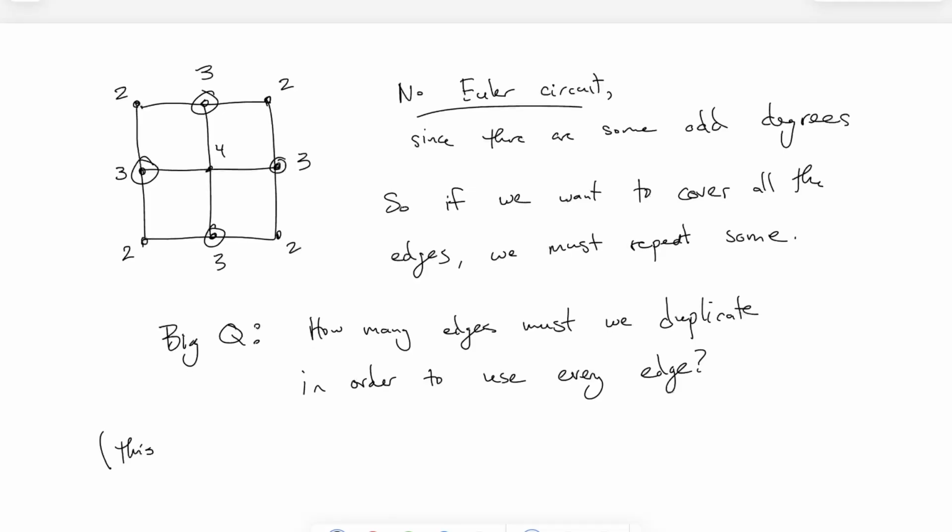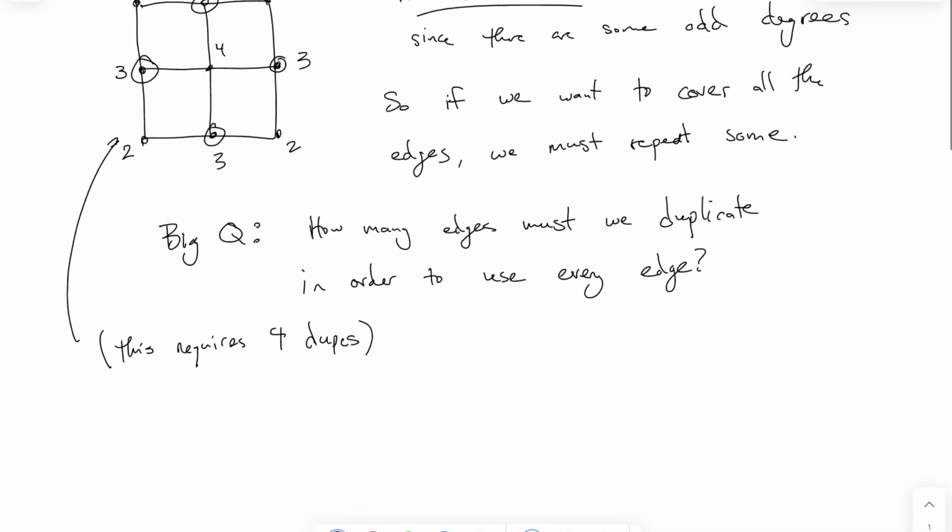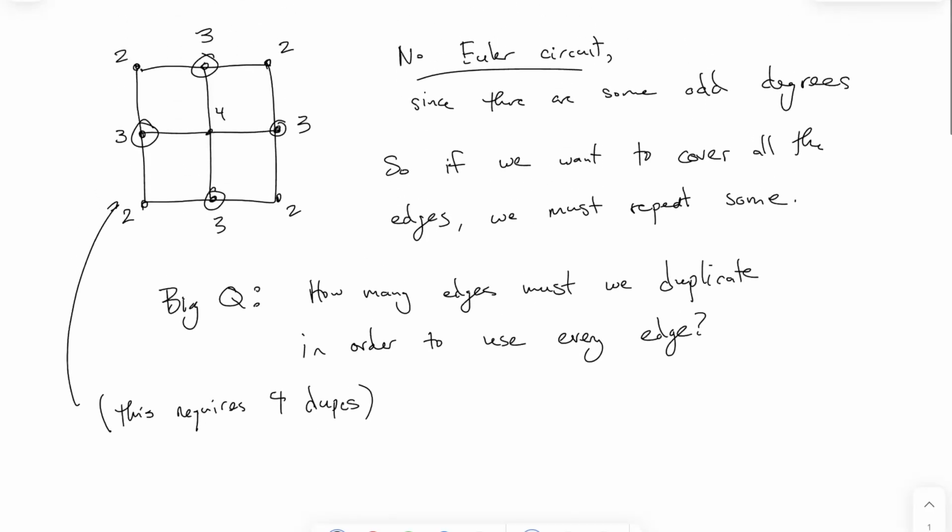This one here requires 4 dupes. You have to actually go back across an edge at least 4 times in order to cover all the edges in that one. But this is our topic of the day. How do you know how many and which ones to duplicate?